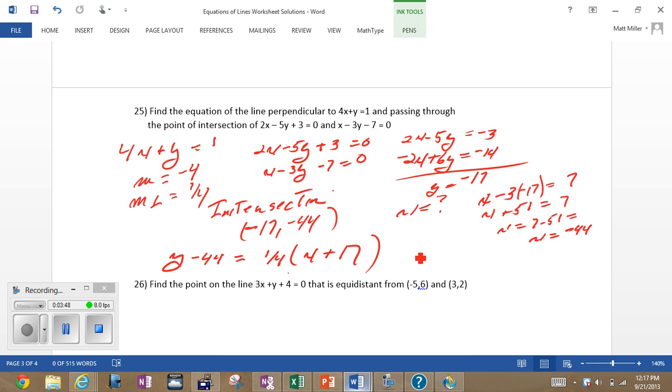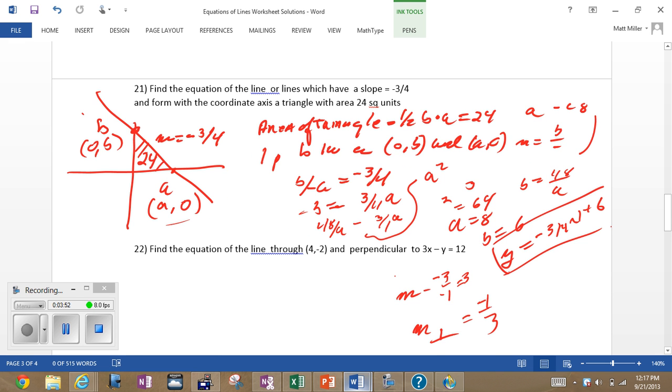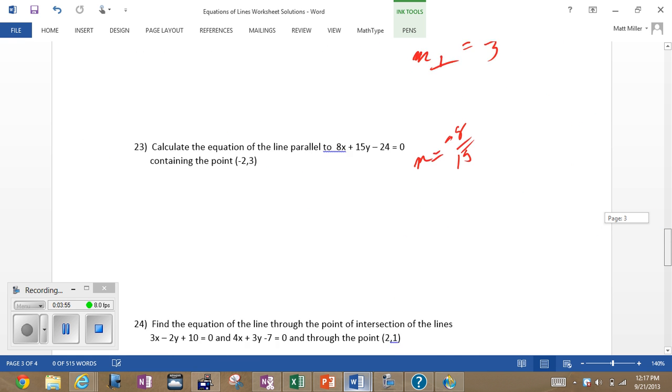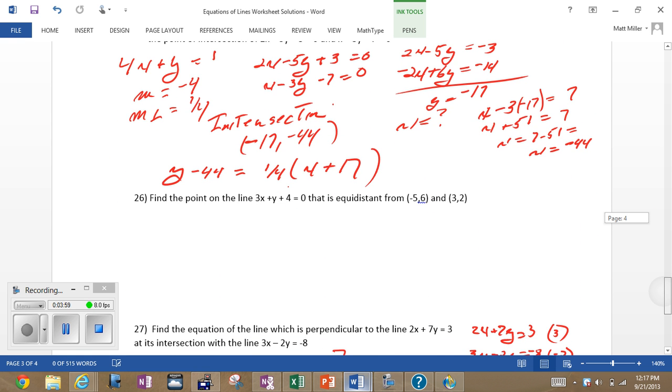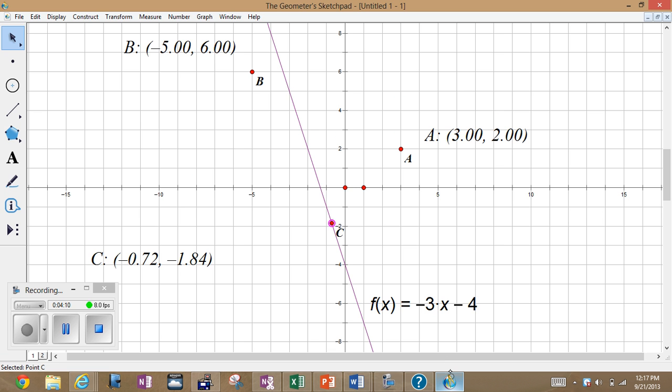26 is one we want to look at by means of the Geometer's Sketchpad. So let's take a look at that. 26 here again. Okay, 26. Find a point on the line 3x plus y equals 4, and equidistant from those 2 points. So I've drawn that up over here on the sketchpad.